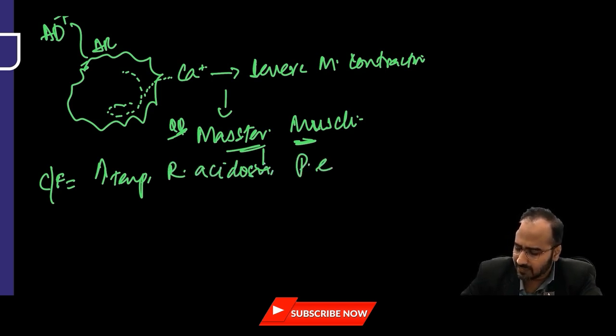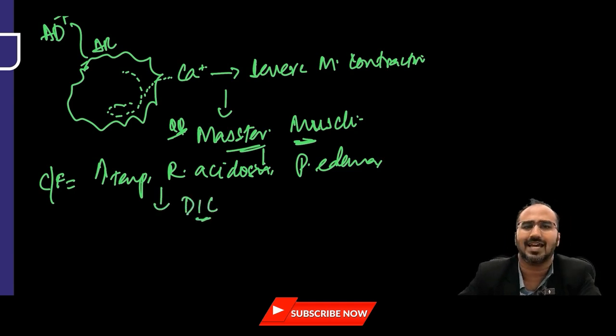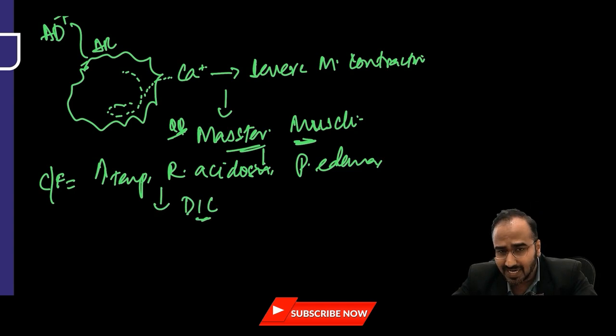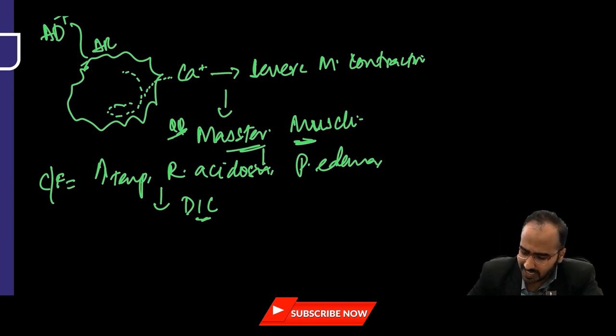The patient might have pulmonary edema. If not managed properly, the patient can land up in DIC. What is DIC? Disseminated intravascular coagulation. These are the clinical features of malignant hyperthermia.